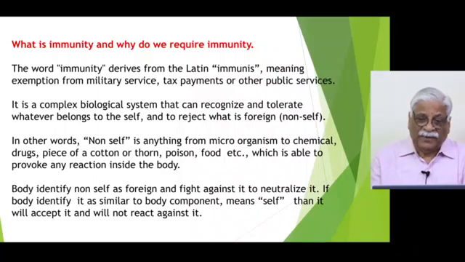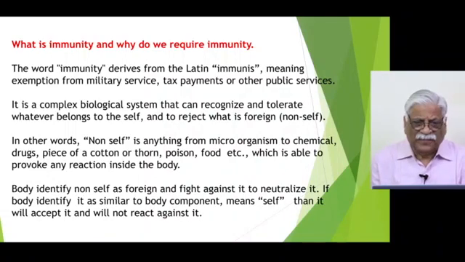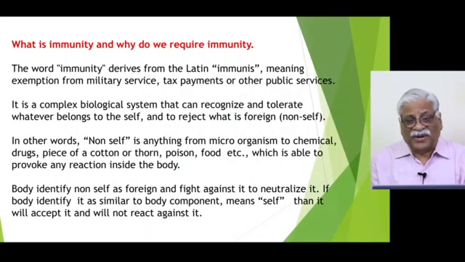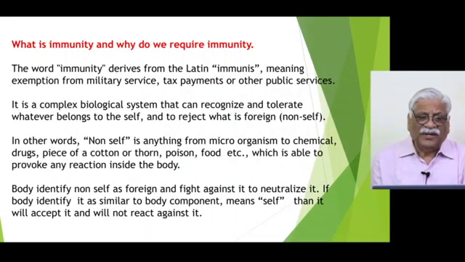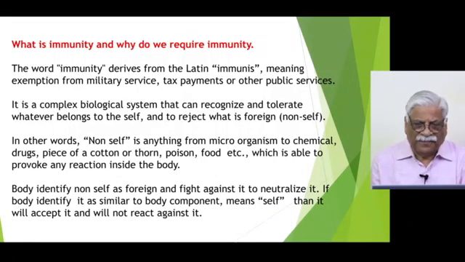But if even a bacterium or a virus enters the body and the body recognizes it as self, or as its own structure, the body will not react against it, and that substance will be called self.